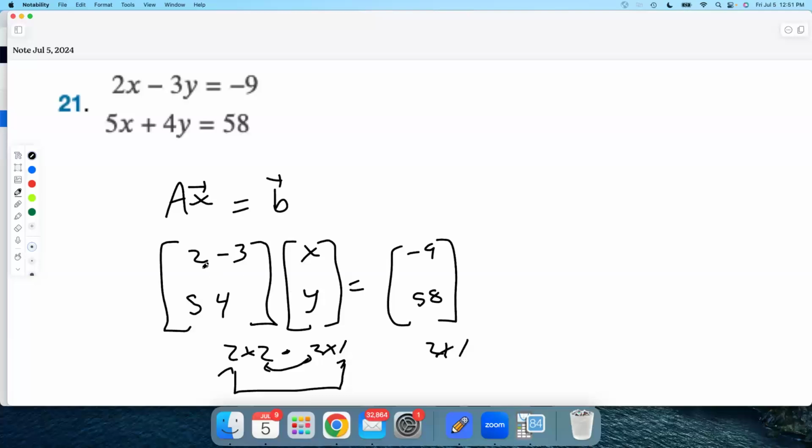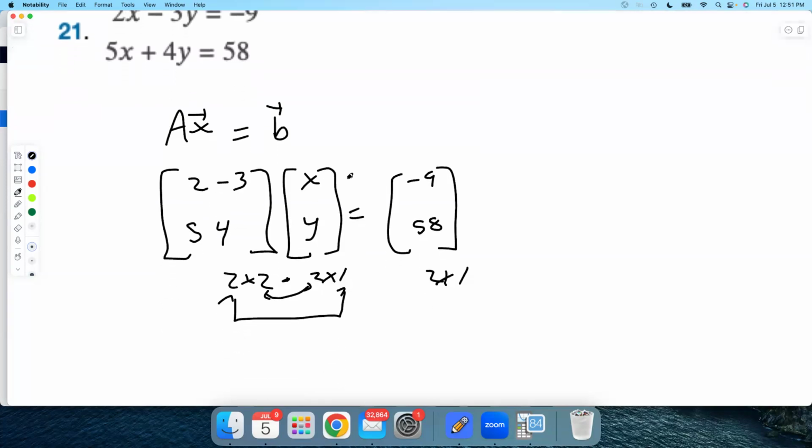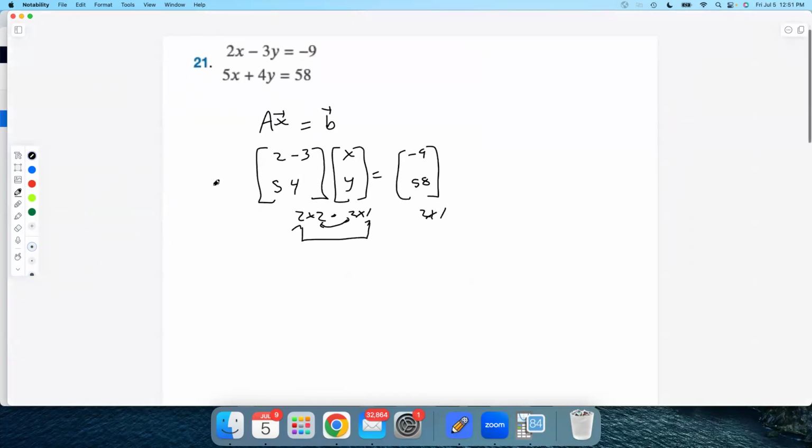2 rows, 1 column. Notice if I take this row times this column, I get 2x minus 3y equals -9. 5x plus 4y equals 58. Okay, so all we've done so far is written this in matrix form. Now let's write our augmented matrix.